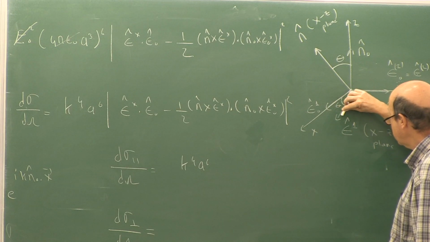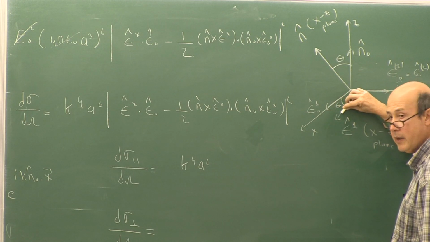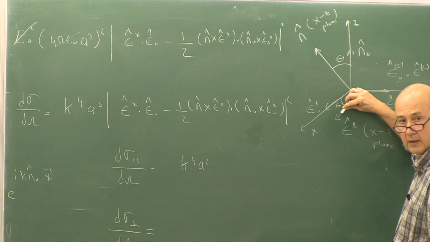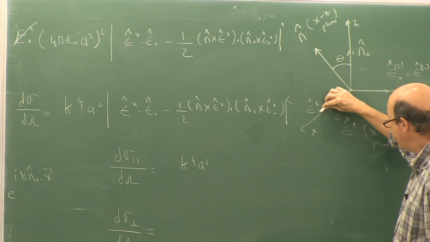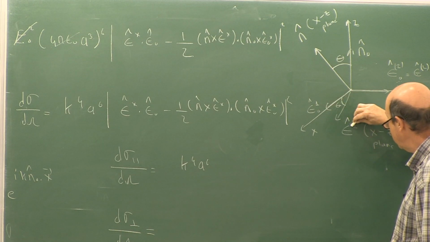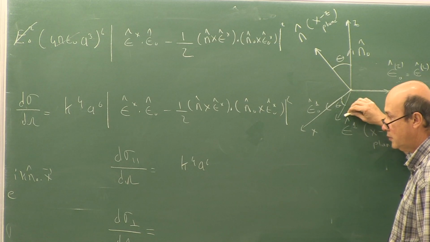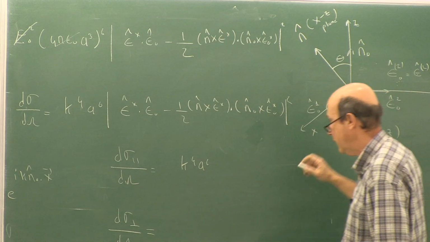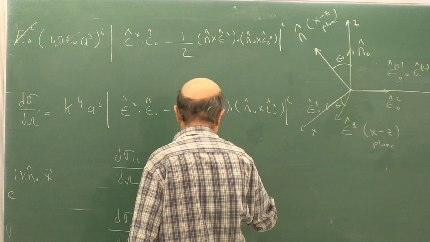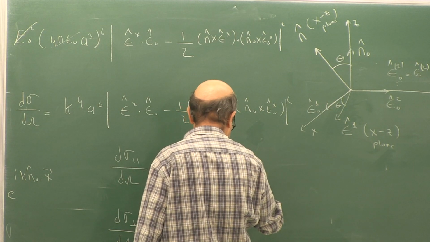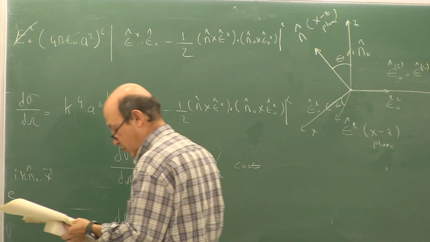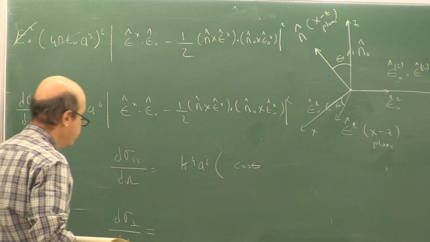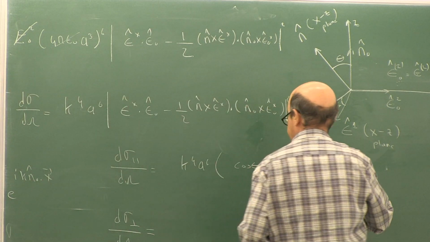After the scattering, this goes down on the xz plane by amount of theta, like before. Therefore, epsilon dot epsilon 0 parallel to the scattering surface will be nothing but, again, cosine theta.